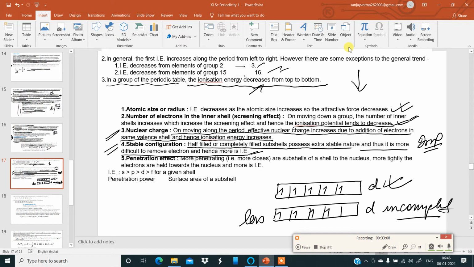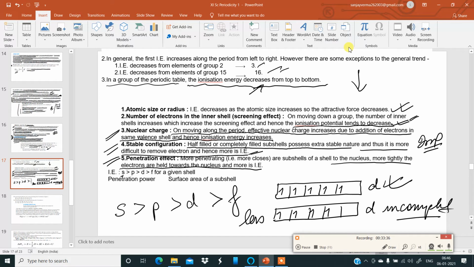Then coming to the penetration effect. The more penetrating a subshell of a shell is, that is, the closer to the nucleus, the more tightly the electrons are held towards the nucleus, and the more is the ionization energy. So remember, s orbitals are closer to the nucleus, p are farther away, then d, then f.